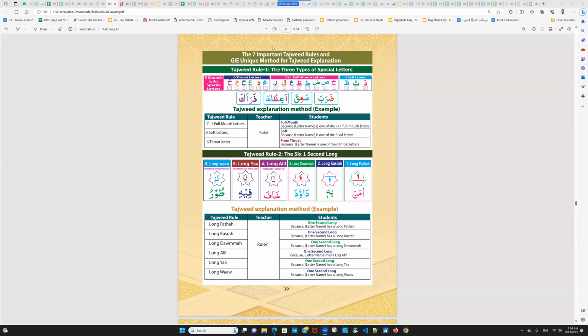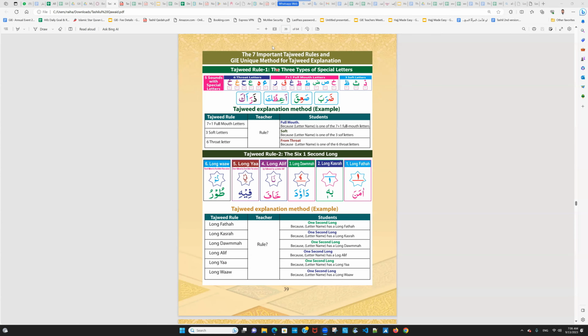Like this one, Hamza, Fatha, A. Rule? The teacher is going to ask, rule, then the student is going to answer, throat letter. You can say throat letter is easy, because Hamza, the letter name you have to say here, because Hamza is one of the 6 throat letters.